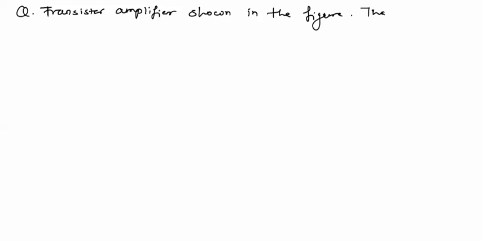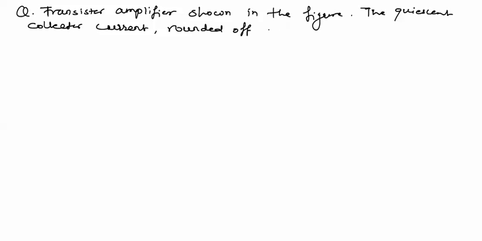The quiescent collector current, rounded off to first decimal, is asked. The circuit is given.